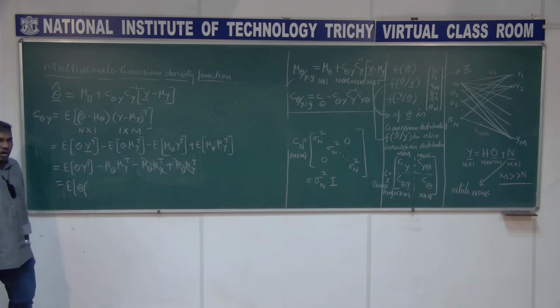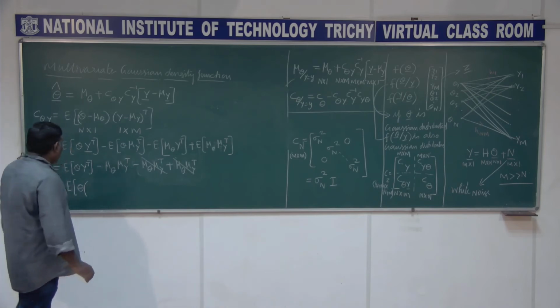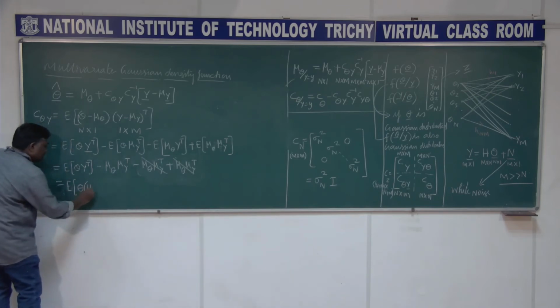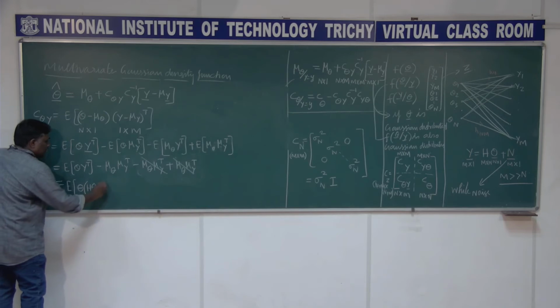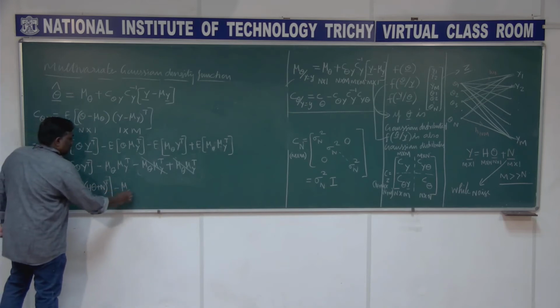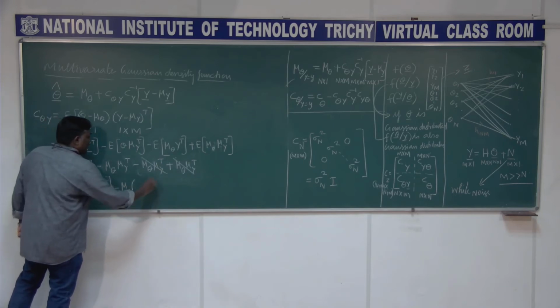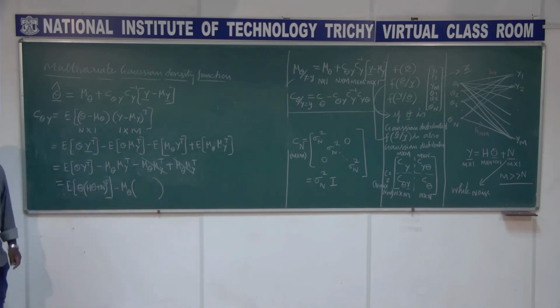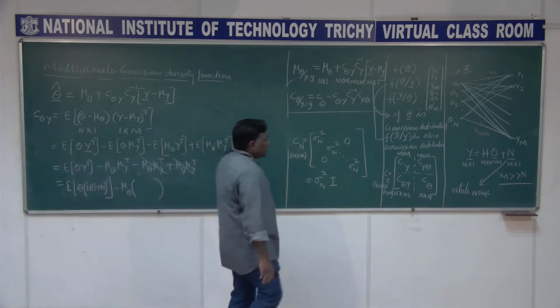In place of y, I am going to use h theta plus n, because I want to use the characteristics of the noise in this, and of course I can do it for mu y transpose also. Y is h theta plus n.